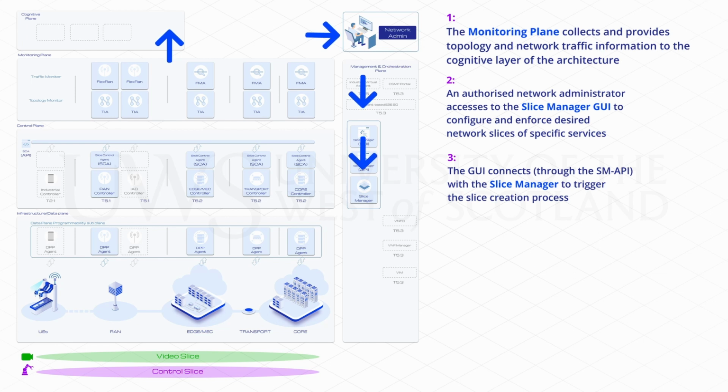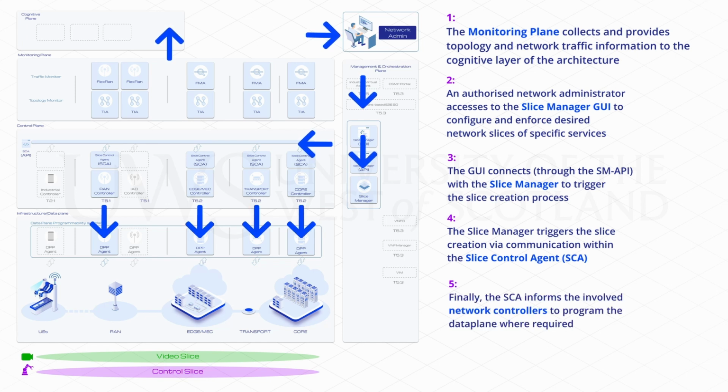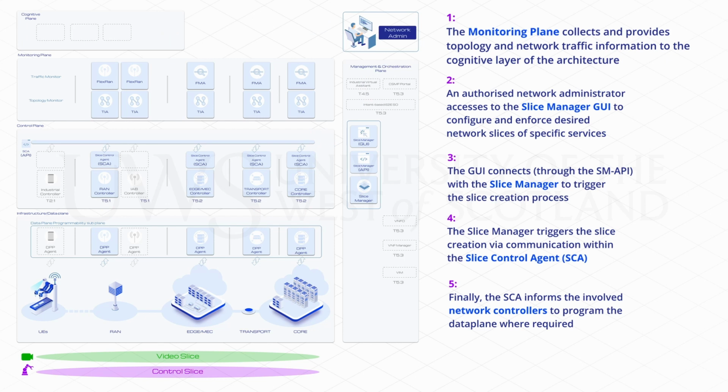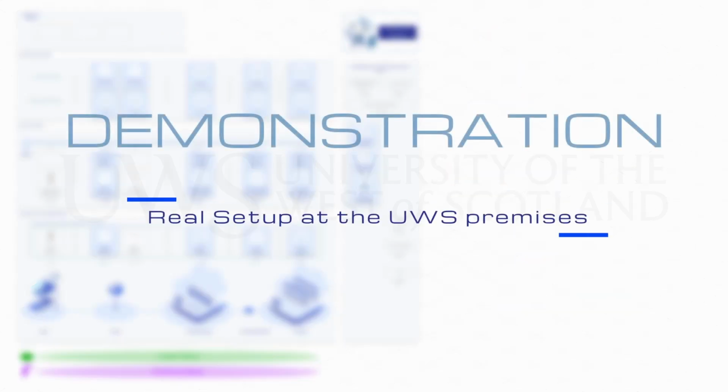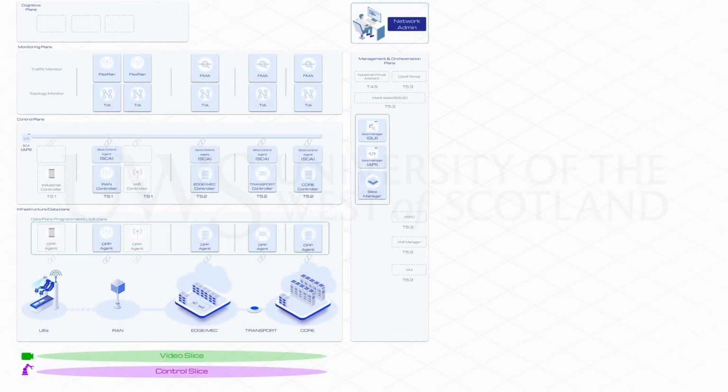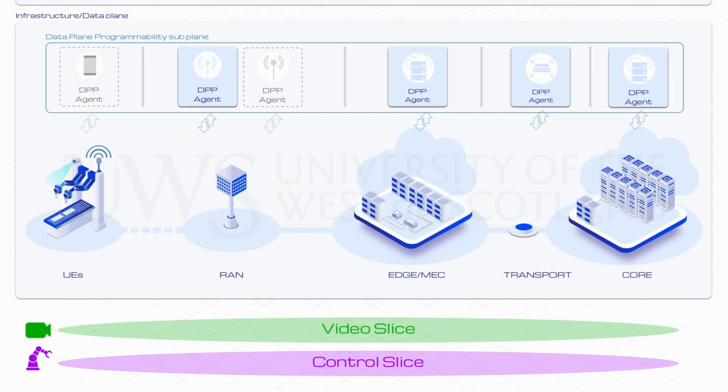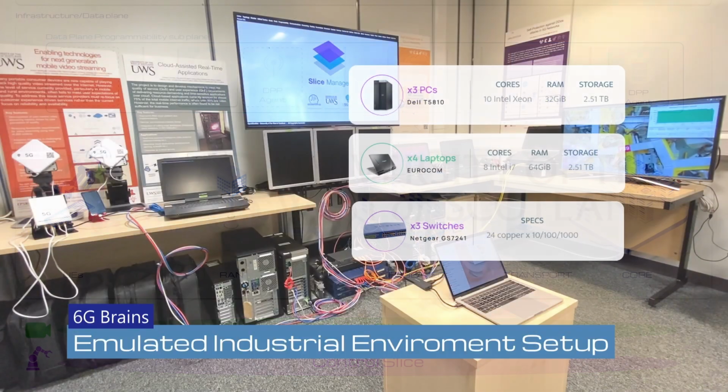To this end, the Slice Manager will notify via a common interface its intention to configure or instantiate a new slice in the system. Finally, each network controller will program the required network devices that are allocated in different points of the infrastructure. At the UWS premises, a realistic testbed emulating an industrial environment has been built to empirically demonstrate the applicability of the proposed framework.